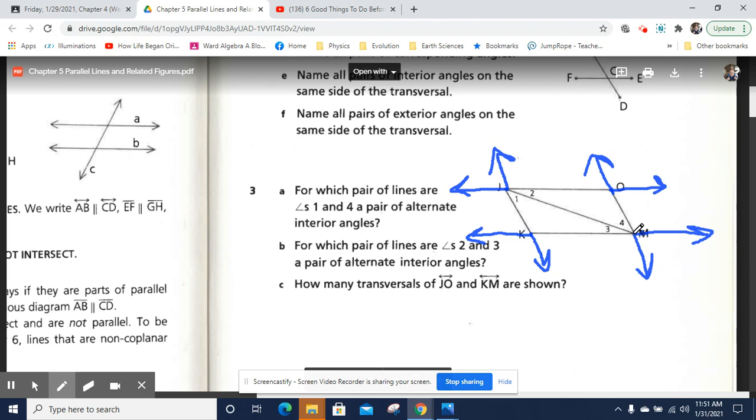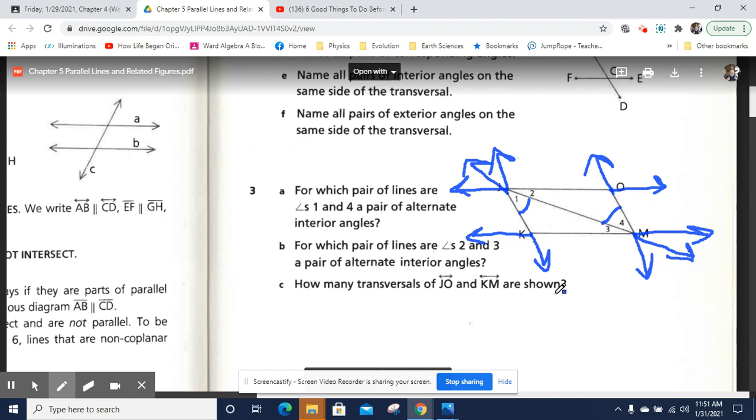Now let's go ahead and take JM and extend that. And now it might be a little more obvious which two lines angle 1 and angle 4 are transversals for. I invite you to pause this, as I'm going to do the spoiler and the reveal.